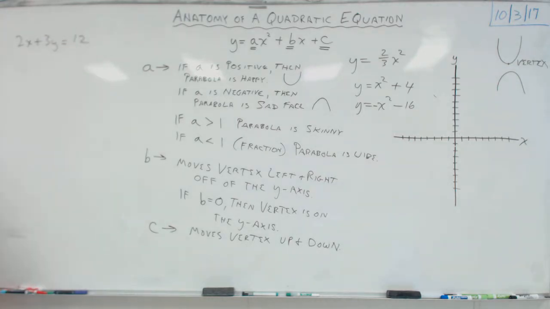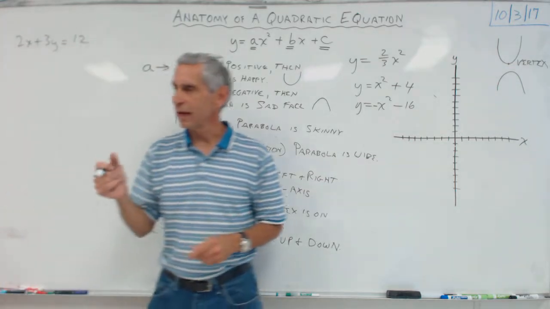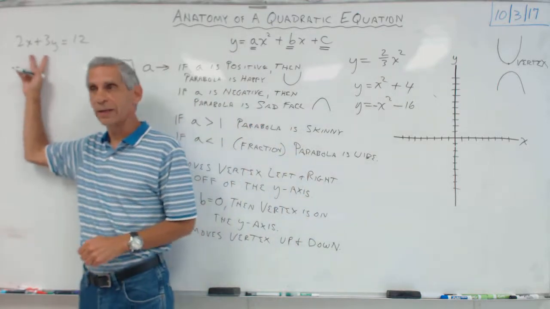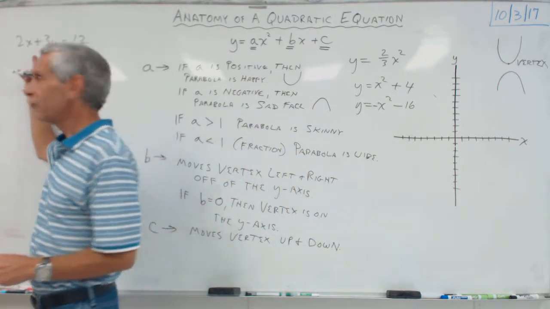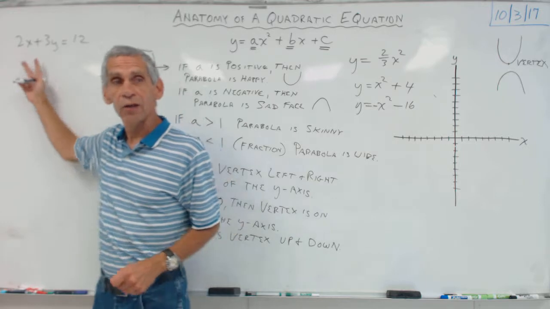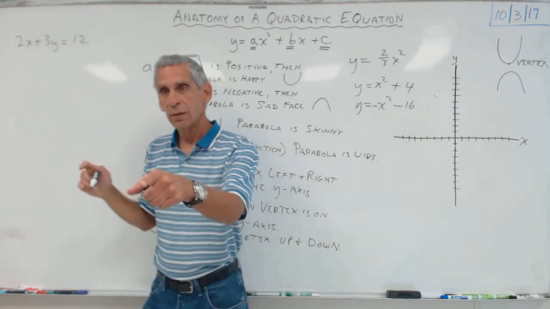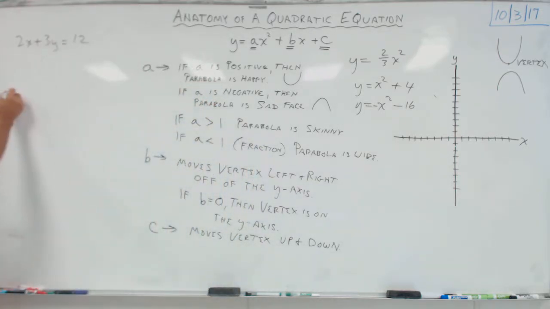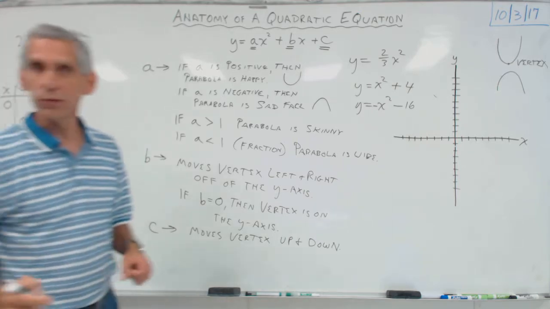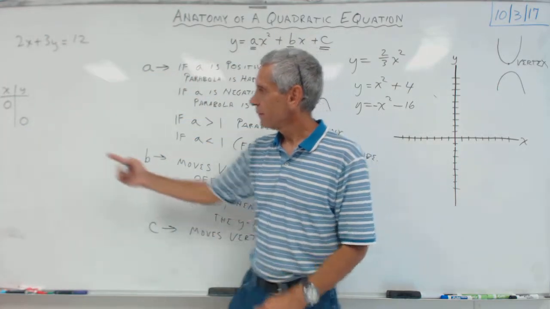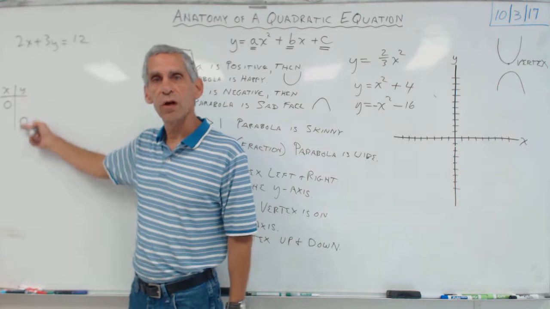What form is that in? It's standard form, because x and y are standing on the same side of the equal sign, right? Okay, and how do you solve them? You do a t-chart, right? When x is 0, what is y? And when y is 0, what is x? Is that what you guys do? What are those called?